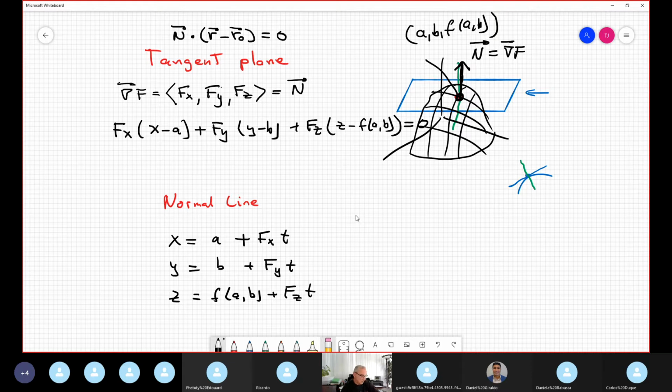Let's do one example to illustrate the application for one specific numerical example, tangent plane and normal line. Okay, good. Okay, suppose this example.